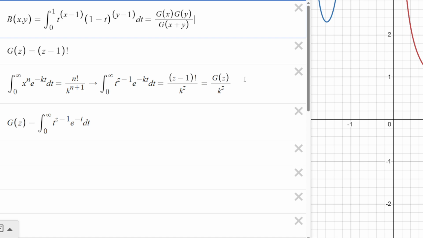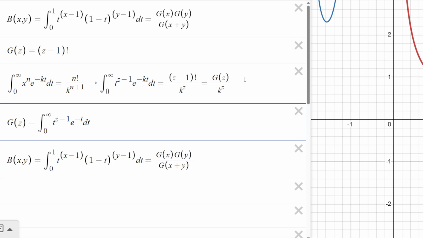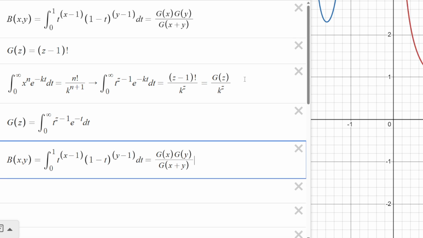And it's equal to gamma x, gamma y over gamma of x plus y. Okay, so now we have our definitions. And now I'm just going to restate our original goal right here. We're trying to prove the relationship between the beta function and the gamma function.